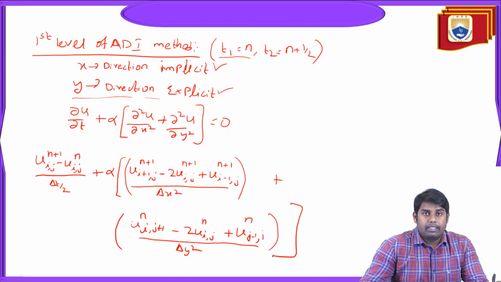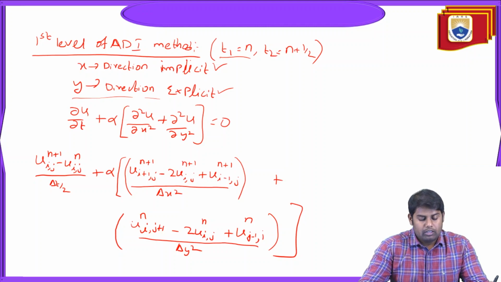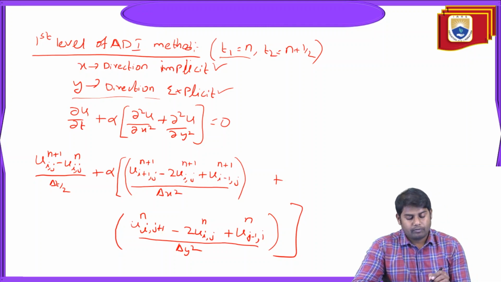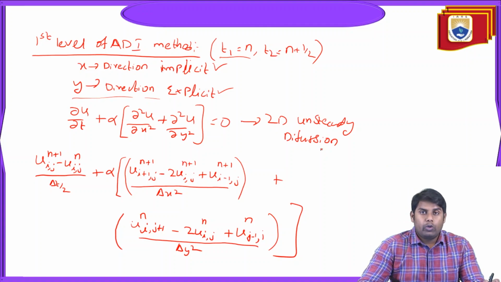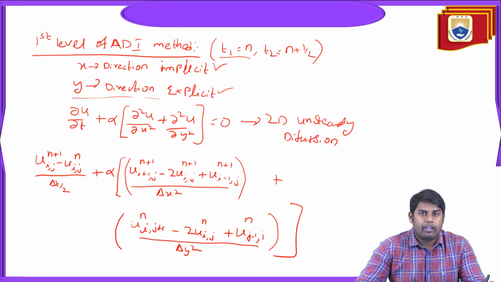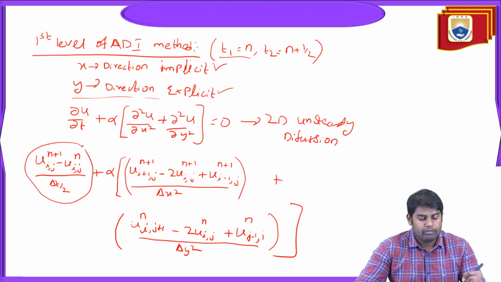Here we can see clearly what is happening in this 2D unsteady diffusion equation. We have taken the time derivative term, and this time derivative term we have divided first into this half.